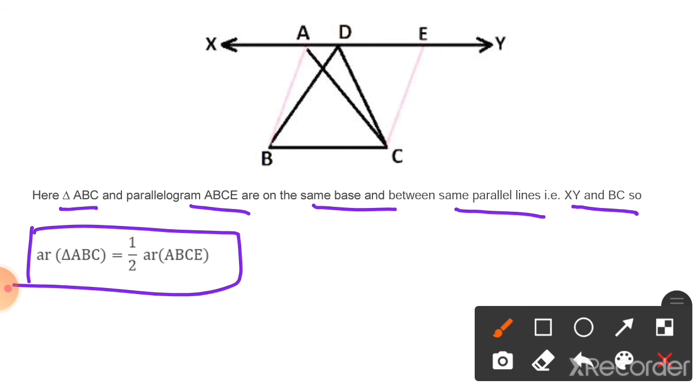Correct? So if we conclude this chapter, we see that figures between the same base and between the same parallels always have the same area. But when we talk about a triangle and a parallelogram with the same base and same parallels, the area of the triangle is half of the parallelogram. Correct? So this is the whole concept of chapter number 9.